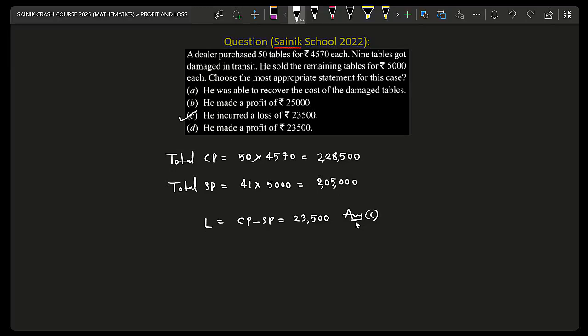To recover the damage, his profit should equal the damaged tables' cost. But he didn't do that. He got a loss. Option B is wrong. Option D is also wrong. So C is correct.